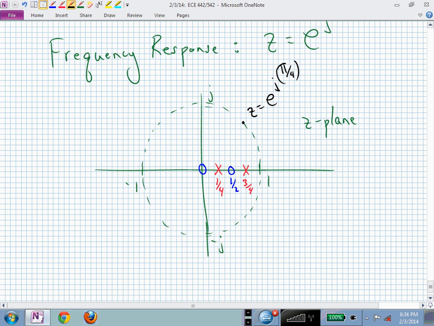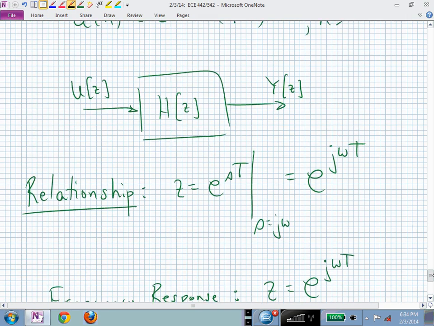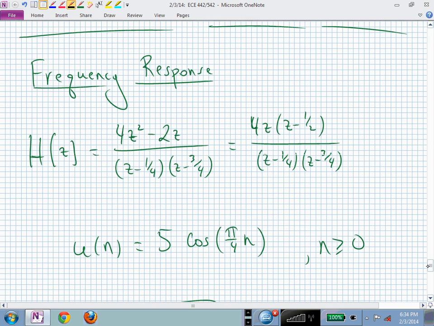And we can do the same strategy that we applied in the S-plane. Now we can say, if I have a factor z minus 3/4, I can figure out its contribution by finding the magnitude and the angle associated with that particular factor.